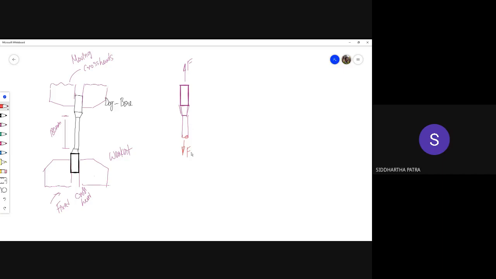So the point is that this diameter is actually larger than this diameter, and the cross section area would also be larger. That means the stress on this larger portion is actually smaller, smaller stress right here than this portion.